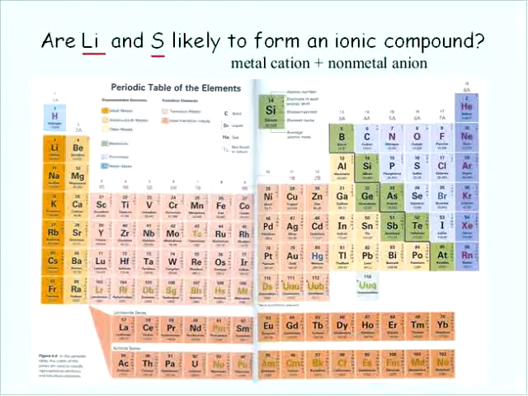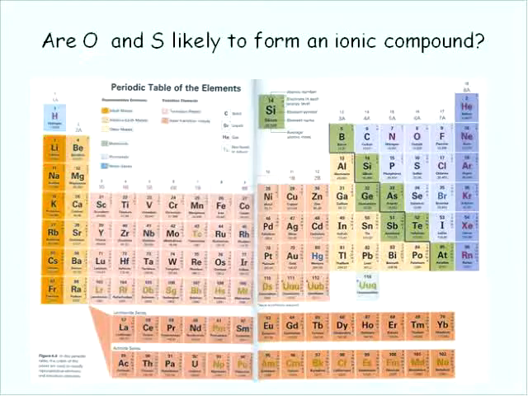Lithium is over here, that's group 1A, and it will tend to lose electrons and form a cation, whereas sulfur would be an anion. It's a nonmetal, and so a metal and a nonmetal form an ionic compound, and this would be likely to form an ionic compound.